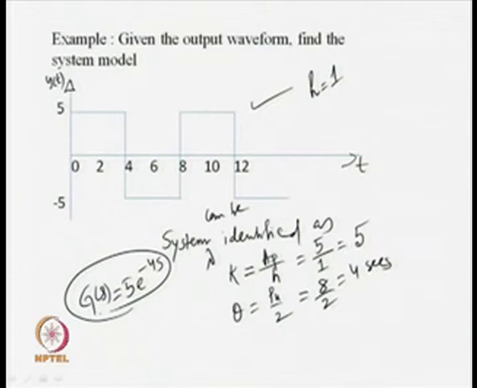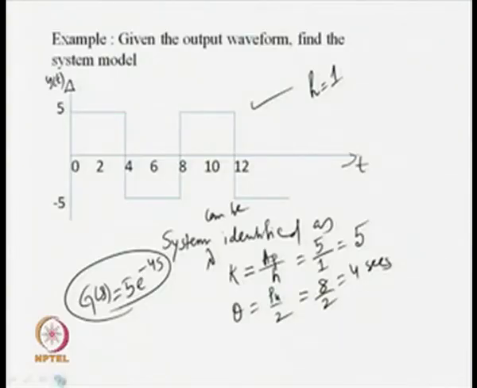So, how easy it is now to identify the dynamics of a system. If a relationship can be established between the output signal and the parameters of the transfer function model of a system, then it becomes very easy to find the dynamic parameters of the system model.